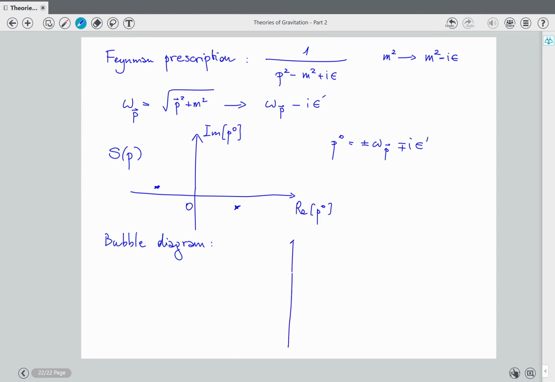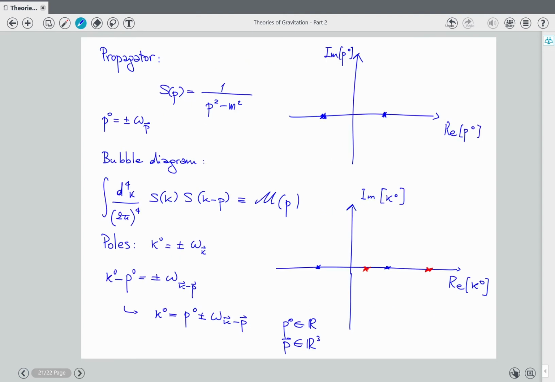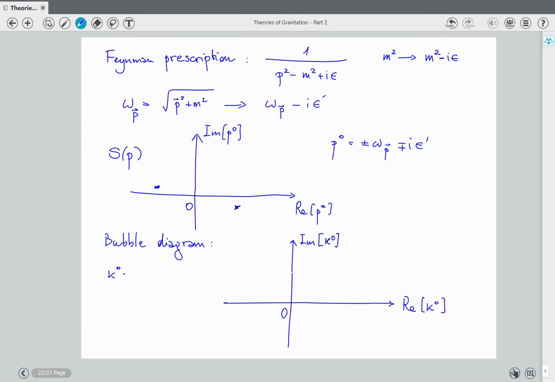So in the case of the bubble diagram, the poles are written here, so k0 is equal to minus plus omega k plus or minus I epsilon prime, and that means they are somewhere there.